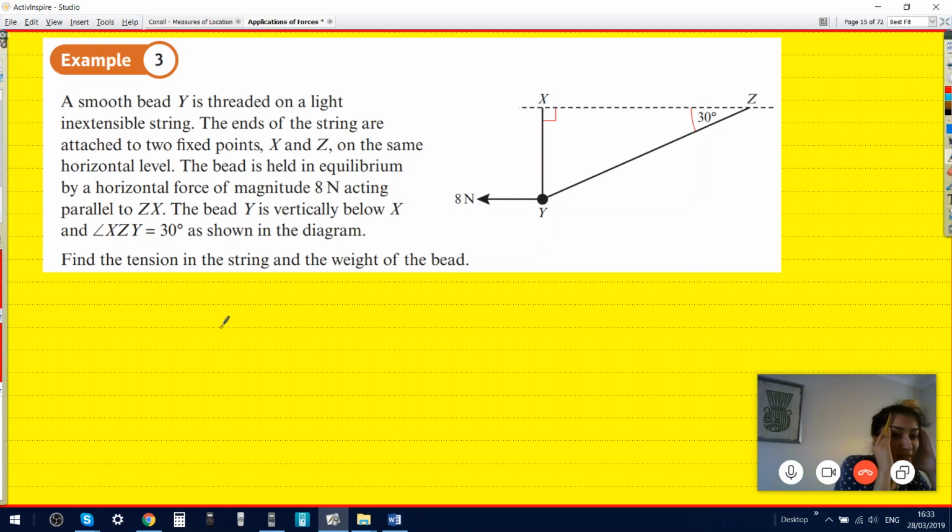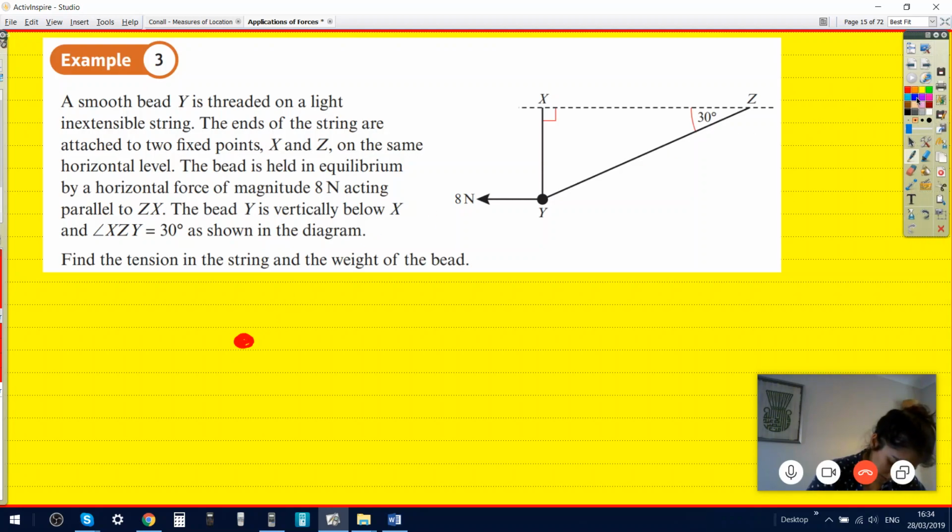A bead threaded on a light inextensible string. So you've got a triangle with a little circle, and then that connects, and then we have that as a right angle.